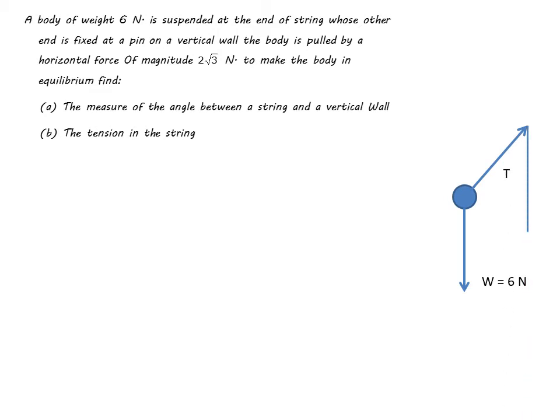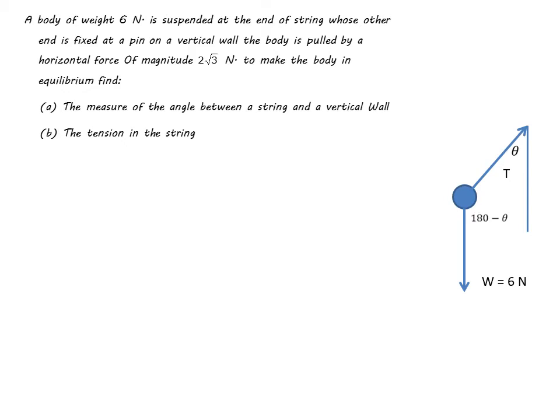That means here we have a vertical wall, and we have two parallel lines, the vertical wall and the line of action of the weight. If the angle between the tension and the wall is theta, then the other angle, this is a U letter, two parallel lines, two interior supplementary angles, so this second angle will be 180 minus theta.